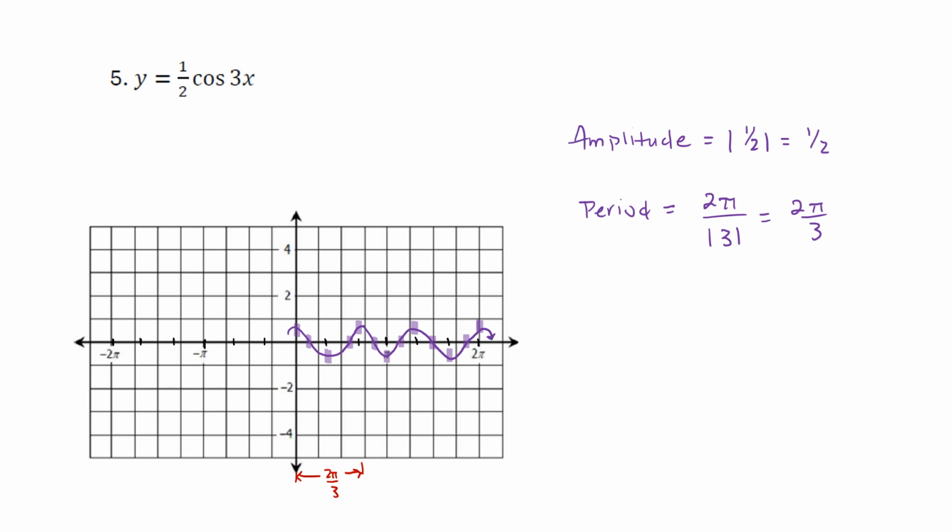So I would be able to complete 3 full cycles between 0 and 2 pi. So I'll extend it to the other side of x equals 0. So 0, -1/2, 0, 1/2, 0, -1/2, 0, 1/2, 0, -1/2, 0, 1/2.